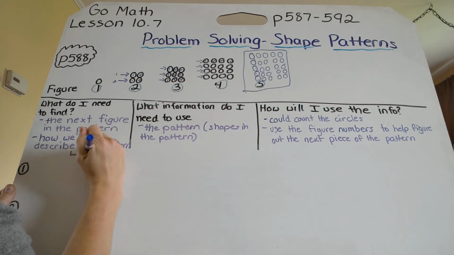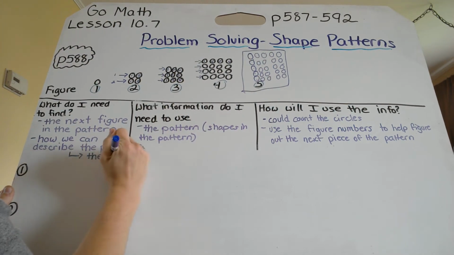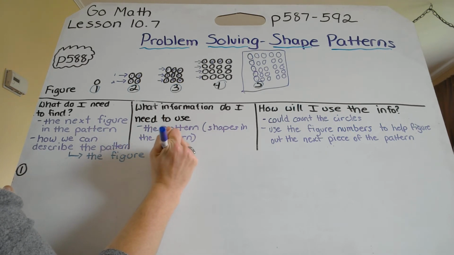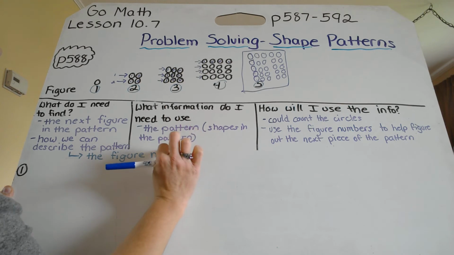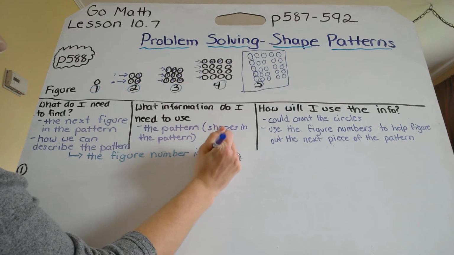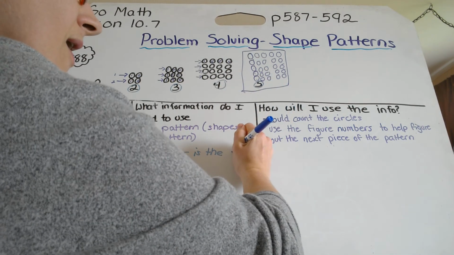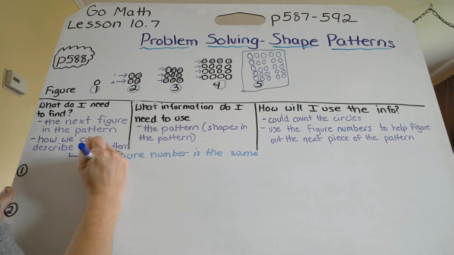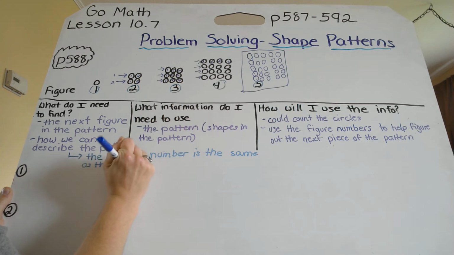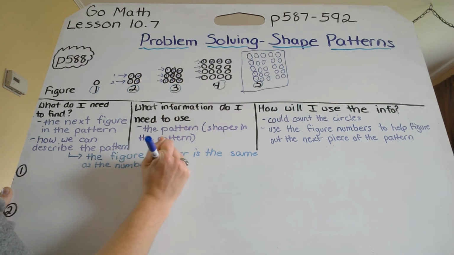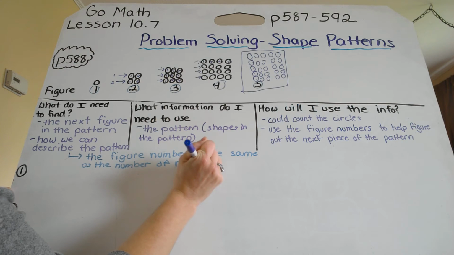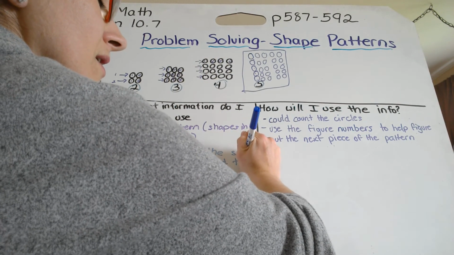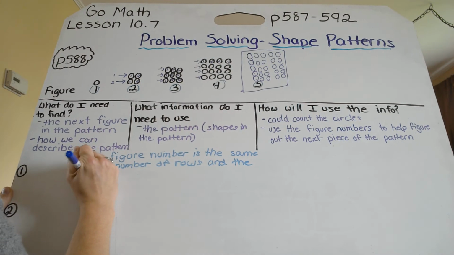Yep, so I would say something like the figure number is the same as the number of rows and the number of circles in each row.